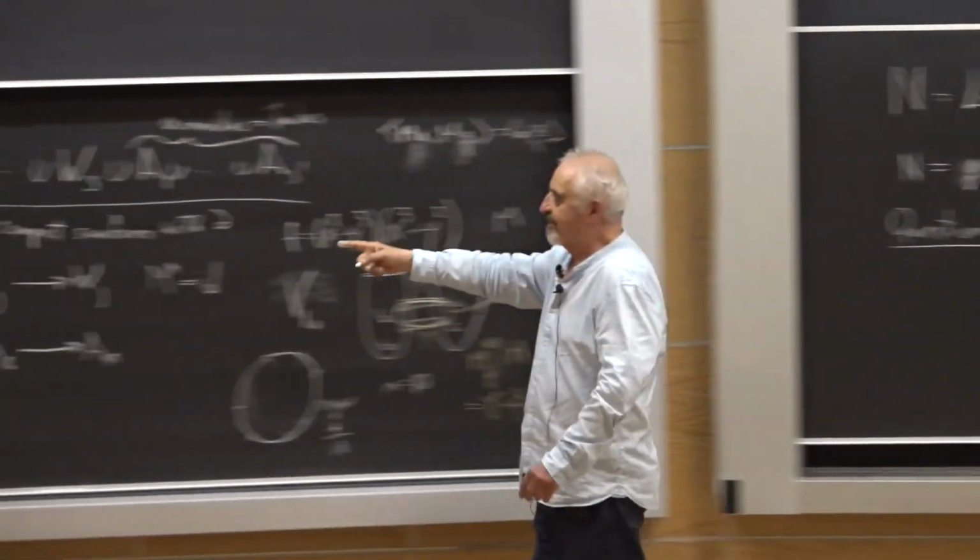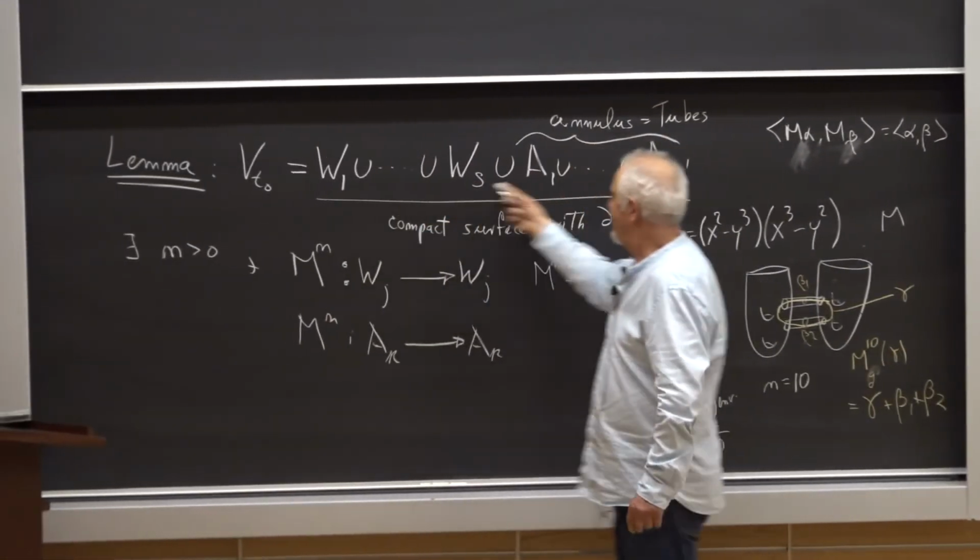So n is this number which makes this thing be the identity on these components.